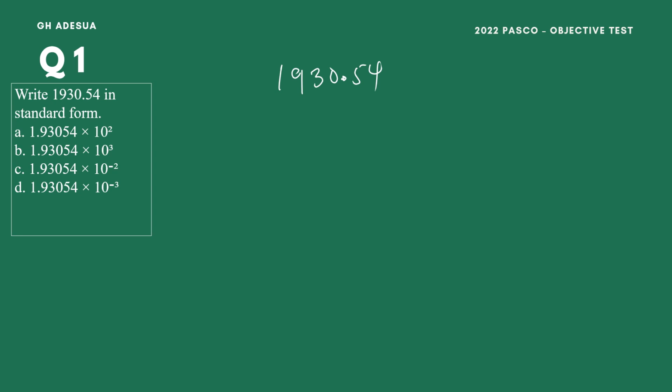Okay, and it falls between 1 to 10. So what happens is we count the steps to which we send our decimal point to the very first non-zero digit. So we have that as 1, 2, and then 3. So it takes 3 steps. And then for standard form, when we move our point from right to left, it is positive.